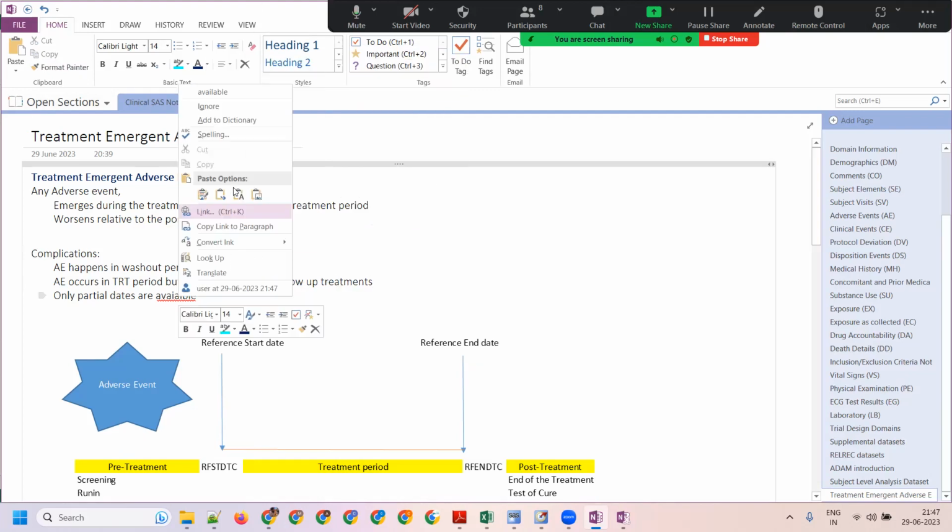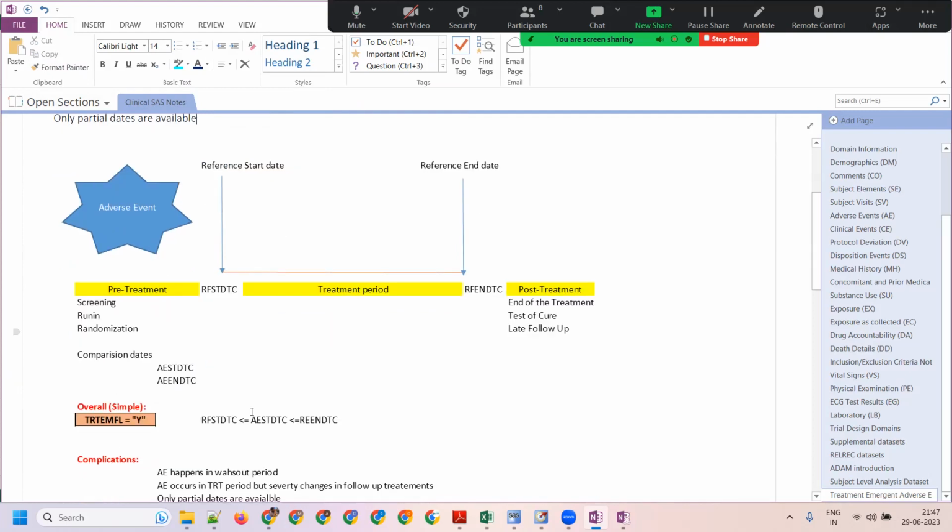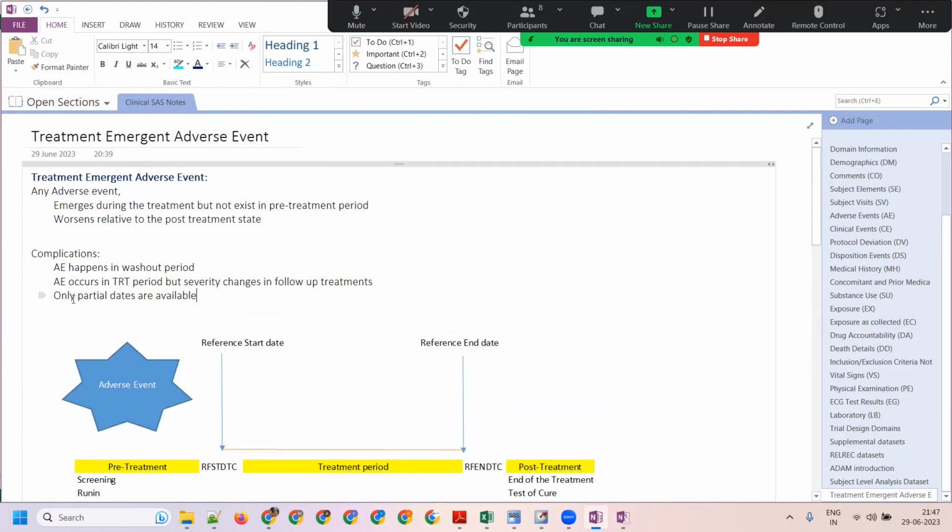Okay. Now, what about partial dates? Have you ever come across this? If you ever work on the medical history domain, this is more common. Medical history domain doesn't have complete dates. Why? Say I met with an accident 7 years back. On which day?